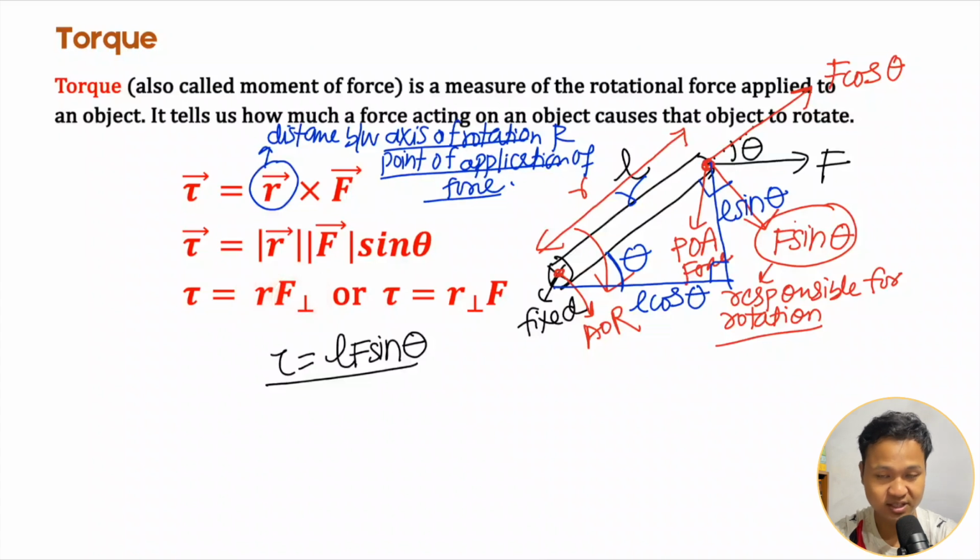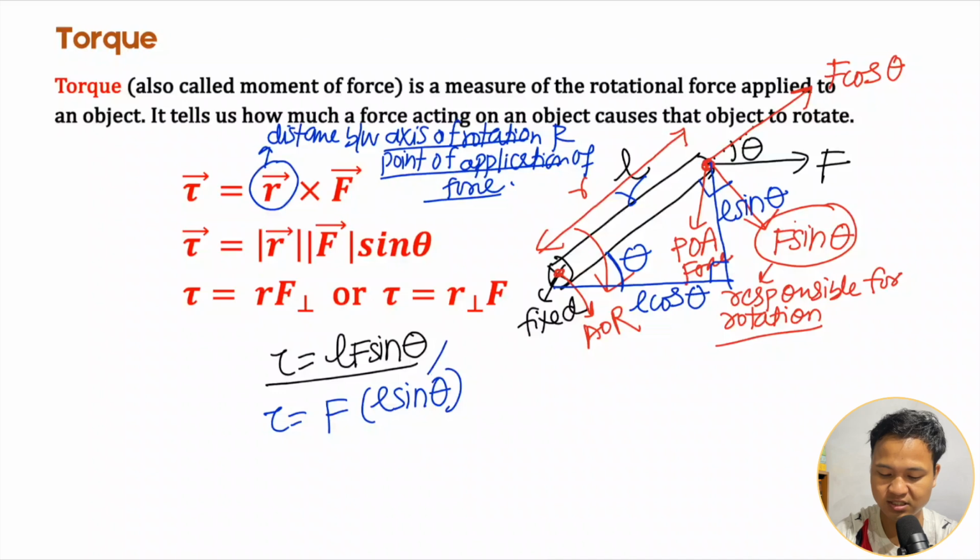The force f is perpendicular to r, so the torque is f into l sin theta. Here l sin theta is the perpendicular component of r, that is, the r which is perpendicular to f.